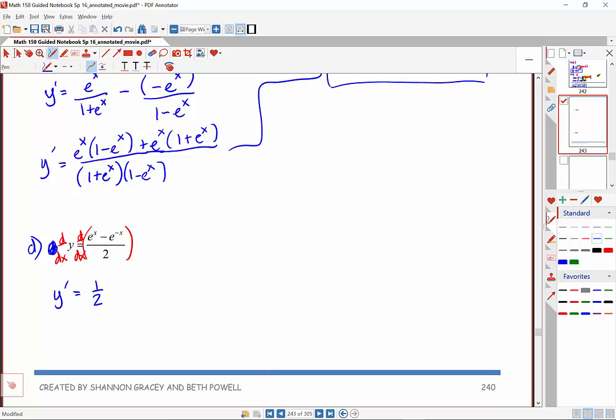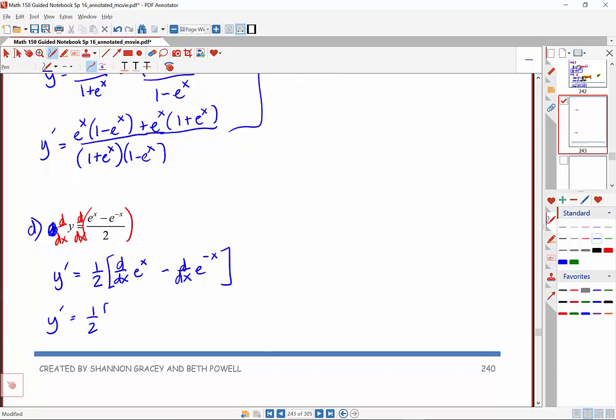And then we will have the derivative, I'll just write it out, d dx of e to the x, and then minus d dx of e to the negative x. So we'll have y prime equals 1/2 times e to the x, and then minus e to the negative x times -1.